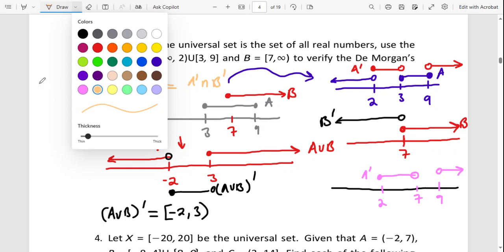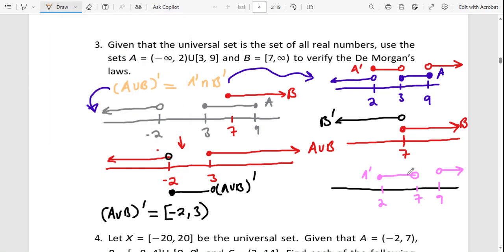And then the set B complement is just from 7 going to the left. That is B complement. So you can see the intersection is just here and here. This is where these two sets are intersecting.